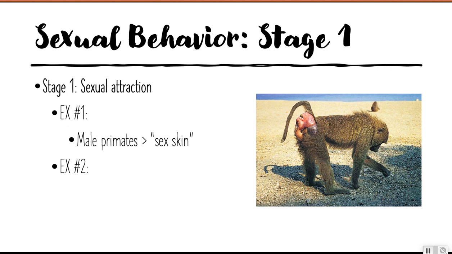Second example, also with male primates, they are attracted by particular feminine odors. These odors can reflect how much estrogen a female is producing, and higher levels of estrogen are associated with a female being able to, A, even get pregnant, and B, have a successful pregnancy and successful offspring.